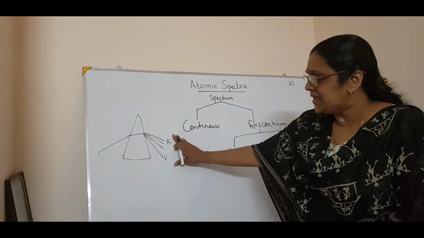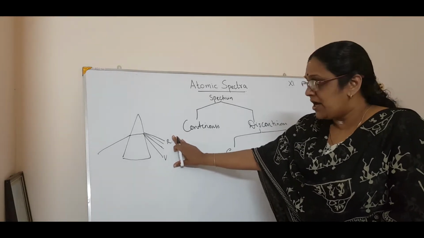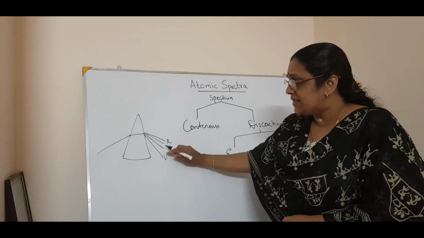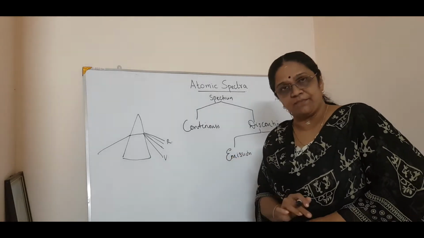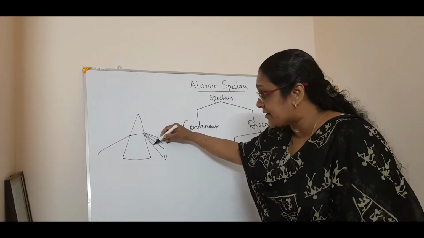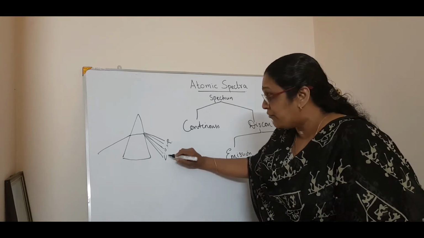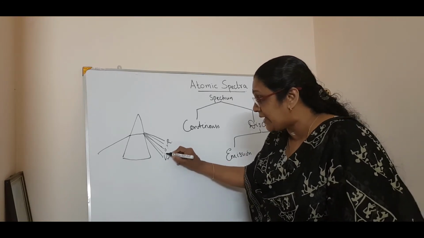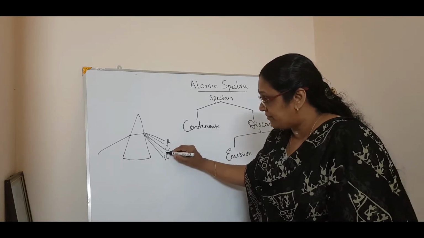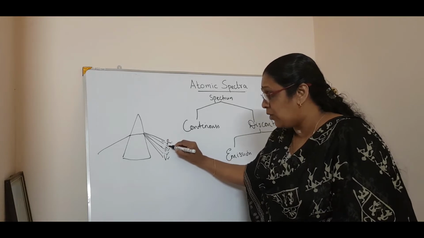In this case, we call it a spectrum, isn't it? If you analyze this spectrum, you can say this is a continuous spectrum. Why do you say it's a continuous spectrum? You cannot differentiate the boundary between violet and indigo, indigo and blue, then green, yellow, orange, red.